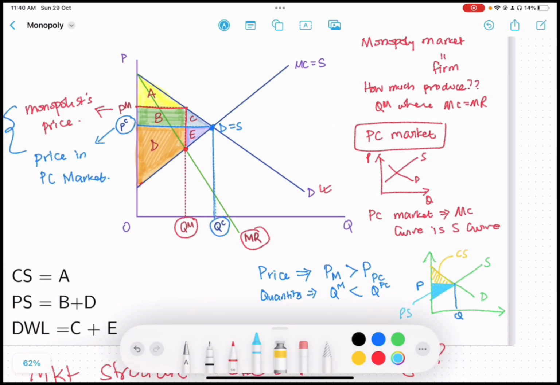Yes, we can. So the first thing we see is that when we're dealing with perfect competition, it's very straightforward. All points below the demand curve but above the equilibrium price, everything here is your consumer surplus under perfect competition.